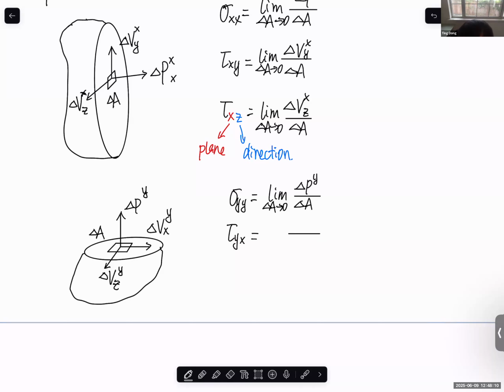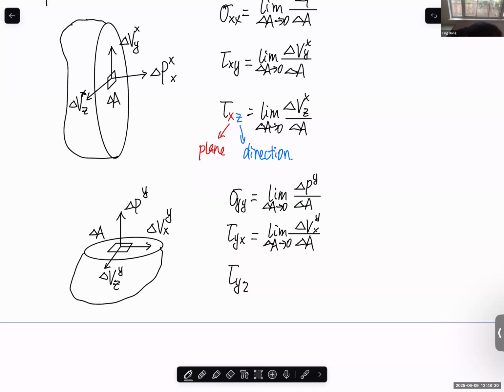So it's equal to the shear force on the y plane in the x direction over the area, in the limit as the area approaches 0.